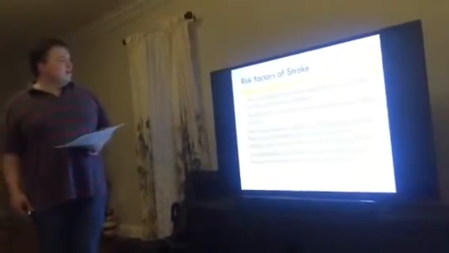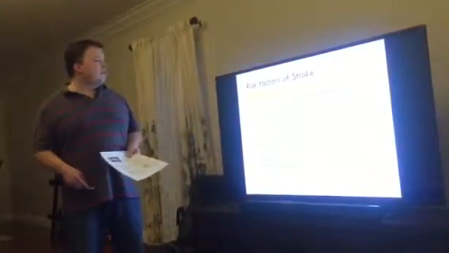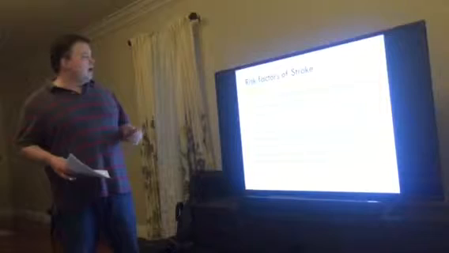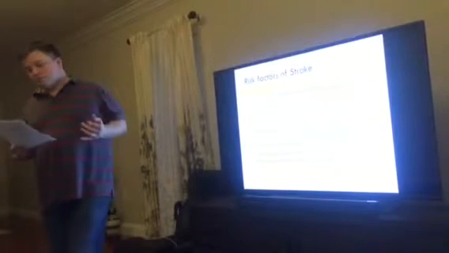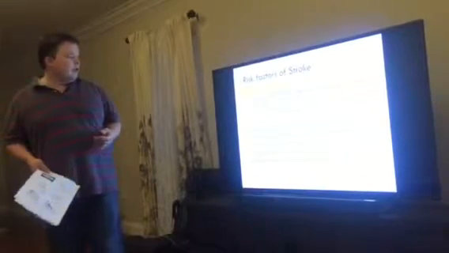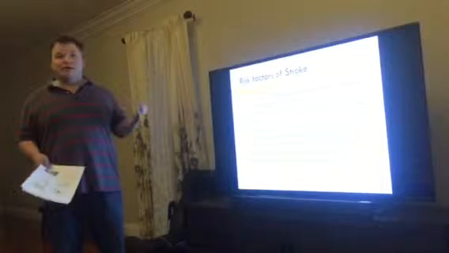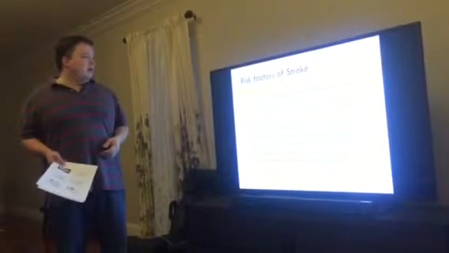Risk factors of a stroke. There are modifiable and unmodifiable risk factors. A list of the modifiable ones would be high blood pressure, tobacco use, diabetes, keeping your blood sugar under control, your blood cholesterol, keeping that under control to a level that is normal for your body.